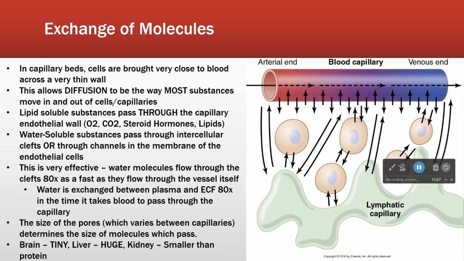All right. So water-soluble things, they either pass through the intercellular clefts or through channels in the membrane. Except for the kidney, all other capillaries are freely permeable to water. All right? Water in the body is never just water. Okay? So where water moves, solute is going to move with it.